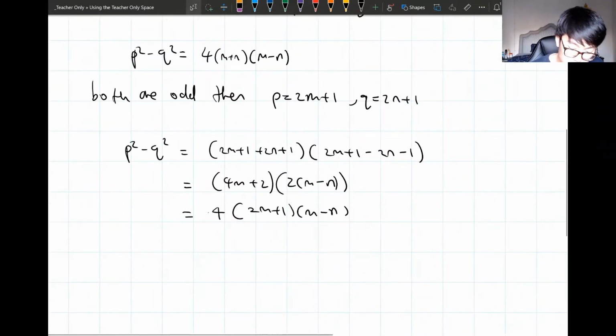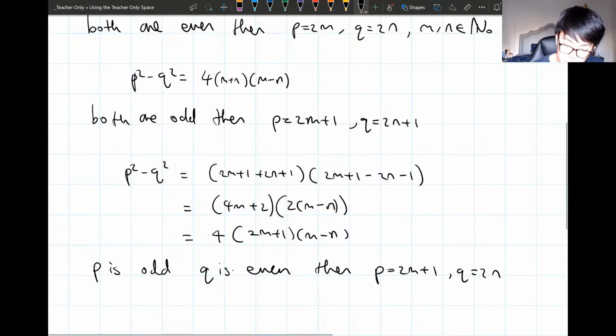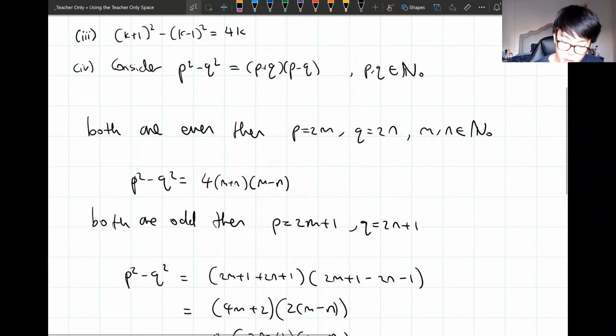And then the final case, we can just consider when p is odd and q is even, because the problem is symmetric, so we can switch around later. Suppose p is odd, q is even, then p is say 2m plus 1, q is say 2n. Oh, I should say that we've been assuming that p is greater than q throughout this, without loss of generality.